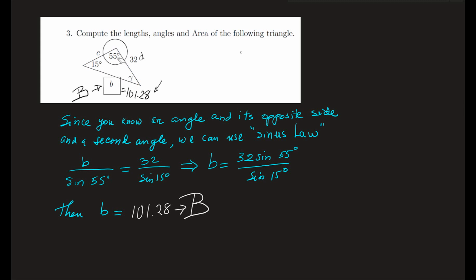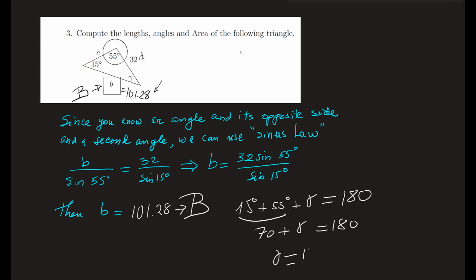So 15 degrees plus 55 degrees plus this unknown angle gives 180. So 70 plus gamma is 180, so gamma equals 180 minus 70, which is 110 degrees.